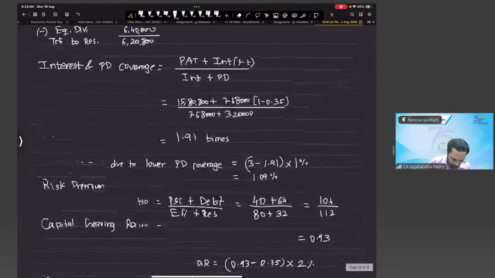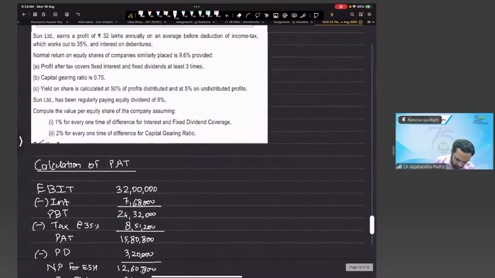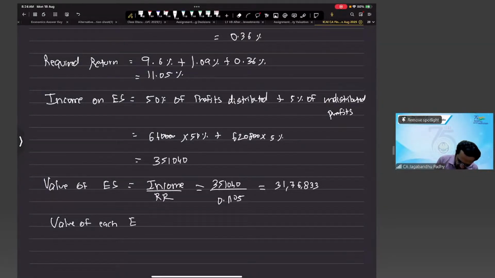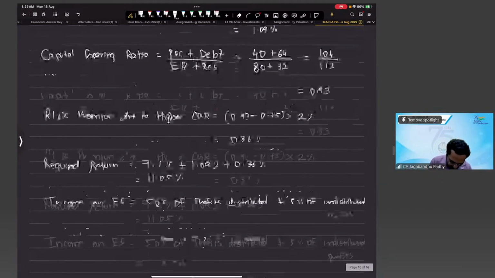Okay. Then the question asks us the value per equity share. So the value of each equity share will be 31,76,833 divided by the number of equity shares. How many equity shares are there? 8,000? No, 80,000.